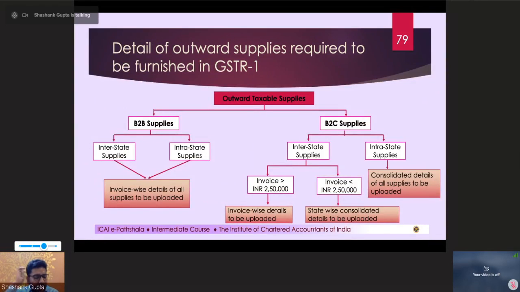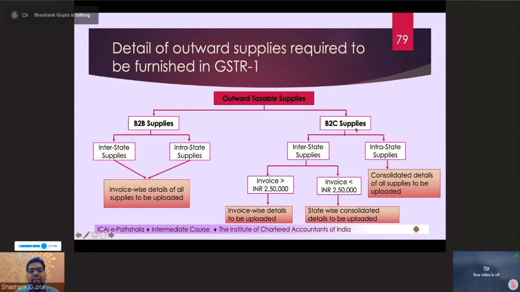Outward taxable supplies. So there is a distinction between what is required to be reported invoice-wise and what details can be reported in a consolidated manner. If they are B2B supplies, that is from one GST registration to another GST registration, then it does not matter whether interstate or intrastate, invoice-wise details have to be mentioned.